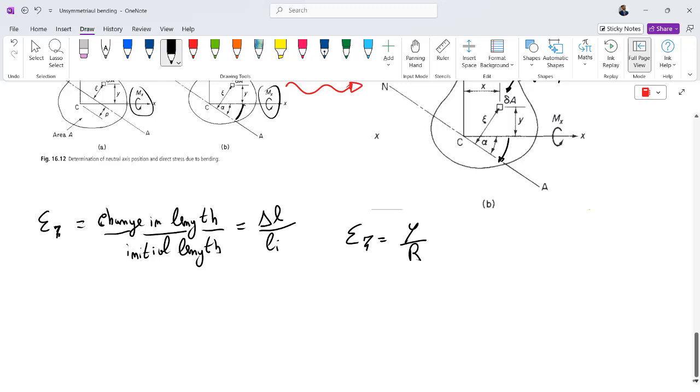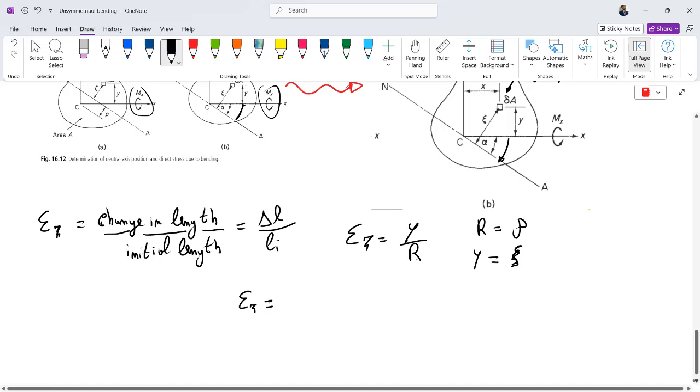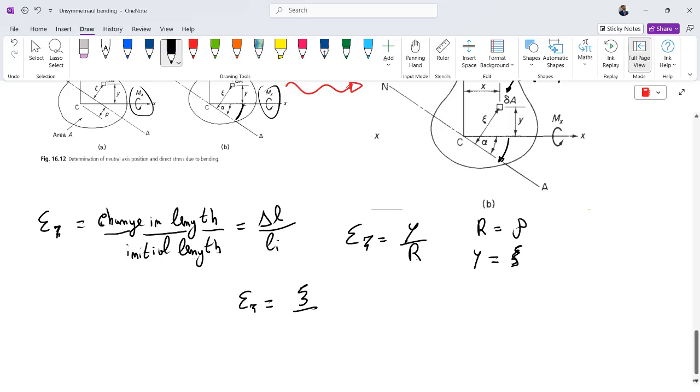In this case, we have a radius that we now indicate with the Greek letter rho, and y is now the distance of delta A from the neutral axis. So y is zeta, this other Greek letter. So if we make a similar consideration, the strain epsilon z is equal to zeta divided by rho.